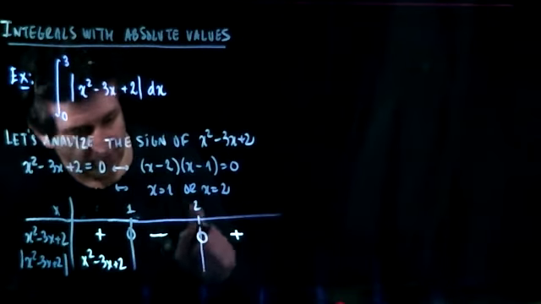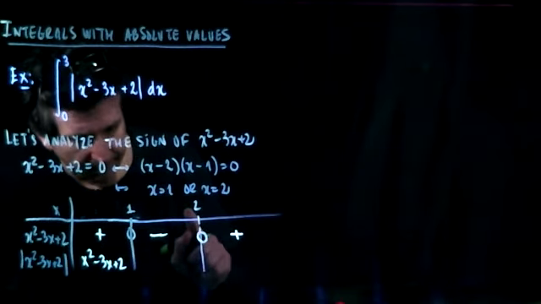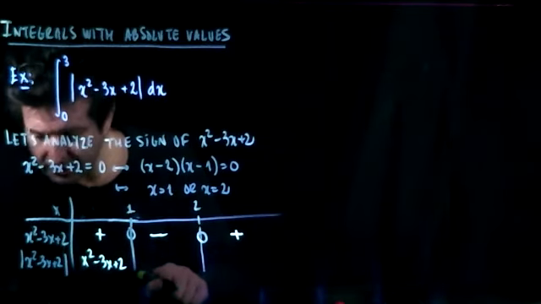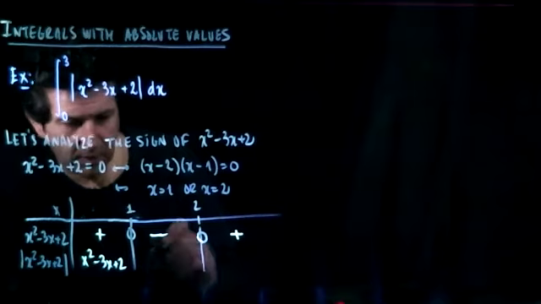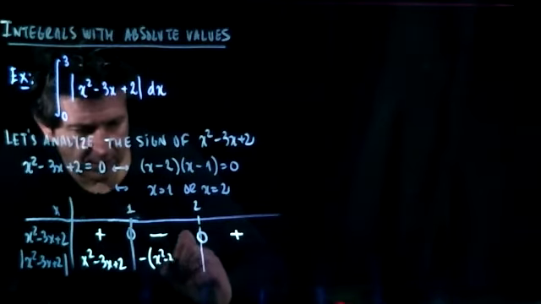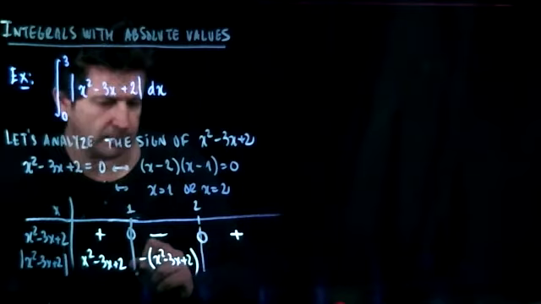However, between 1 and 2, what's inside is negative, and so how do I turn it into a positive? What do I do? The negative outside. Very good. So I put negative, that's x^2 minus 3x plus 2.